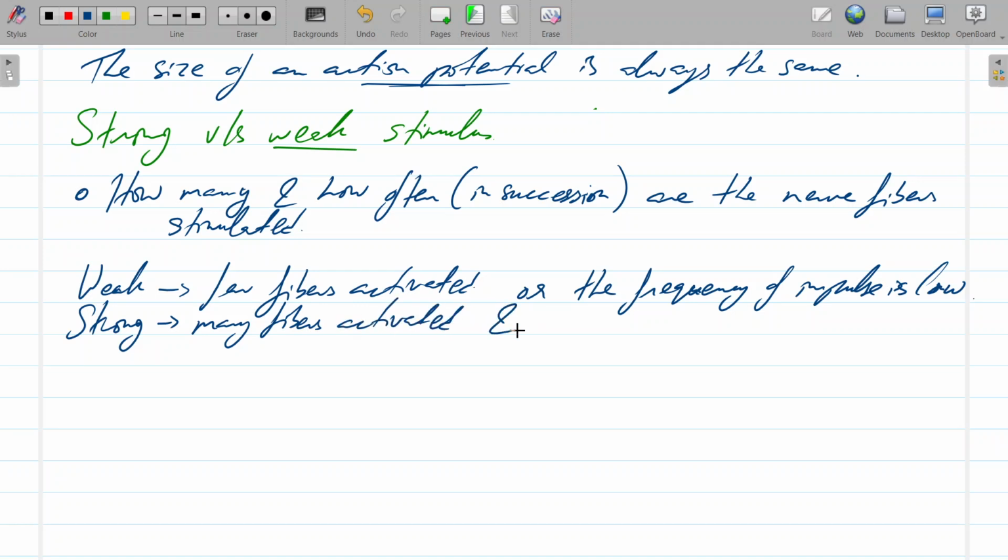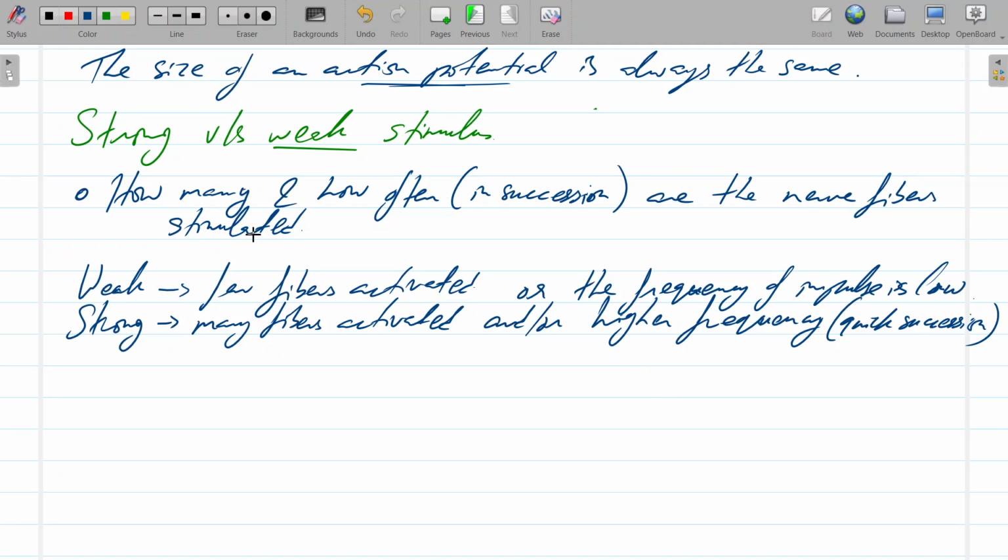And or, right, they are being activated at a higher frequency. So, right, in quick succession. Let's fit that whole thing over here in quick succession. Okay.